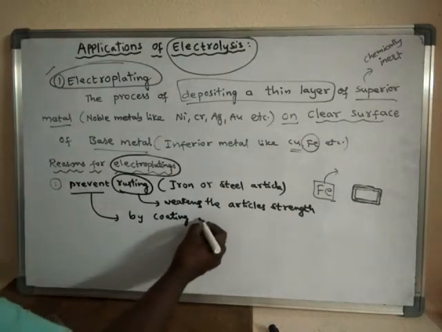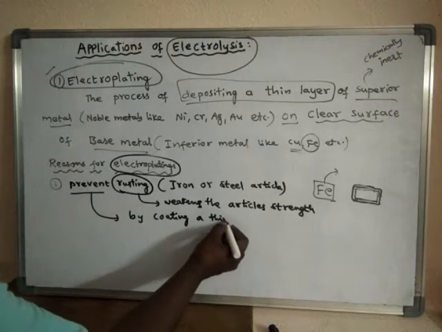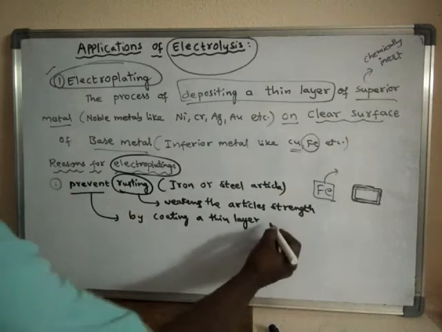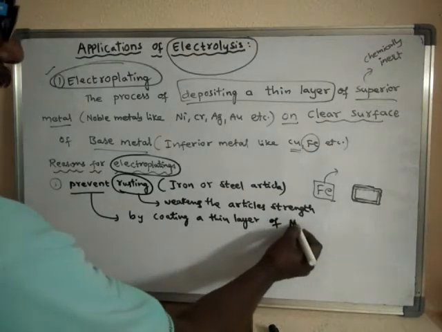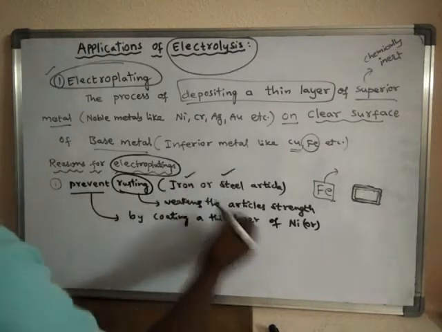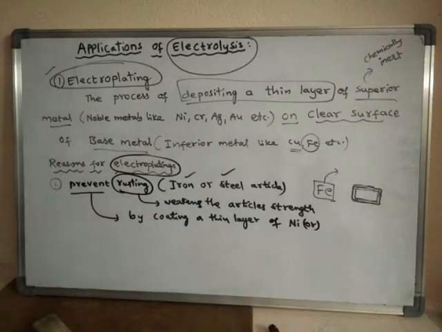By coating a thin layer of nickel, or chromium. Mainly for steel or iron, generally we don't go with silver or gold.